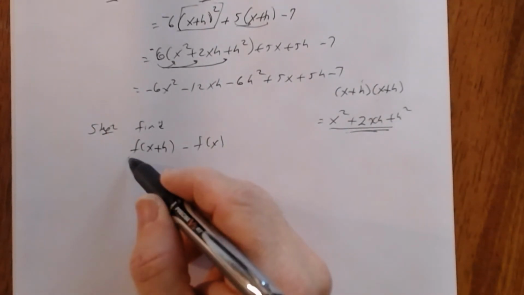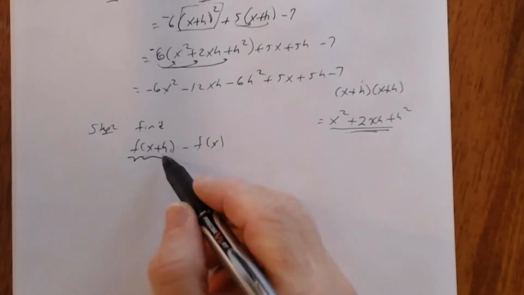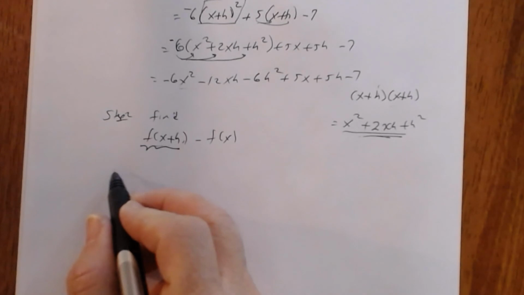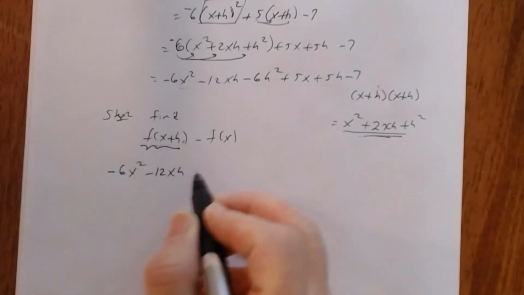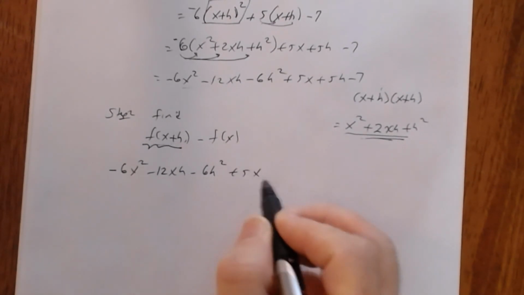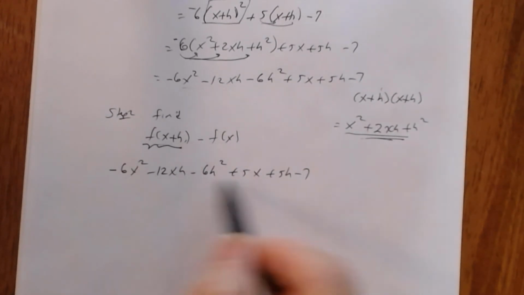Well, remember though, this right here is always from step 1. That's your step 1. That's this. So let's just rewrite all of this: -6x squared minus 12xh minus 6h squared plus 5x plus 5h minus 7. Remember that is just this.